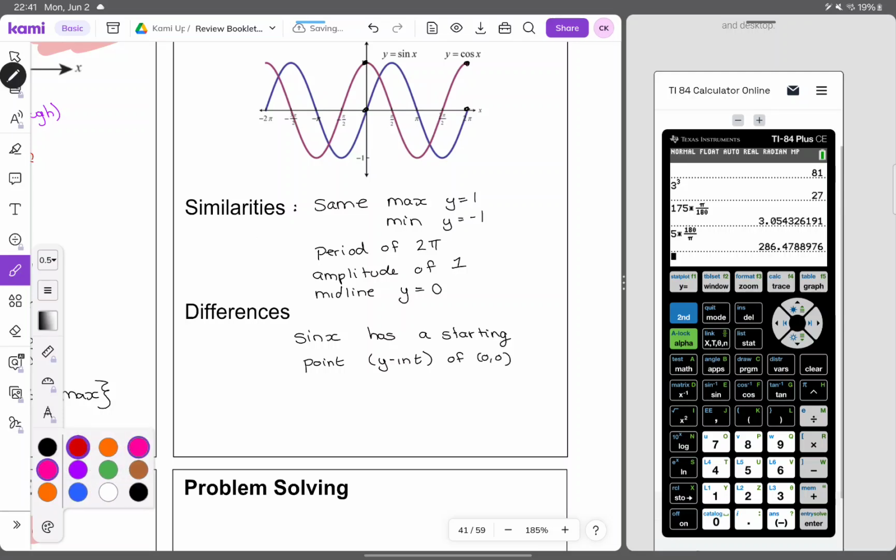So you can see the sine graph has a y-intercept starting point of 0, 0. A cosine graph is 0, 1. So that's really the only difference between the two, is where we start, where those y-intercepts are.